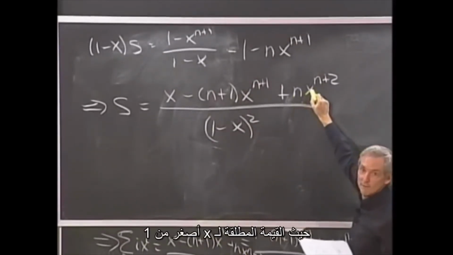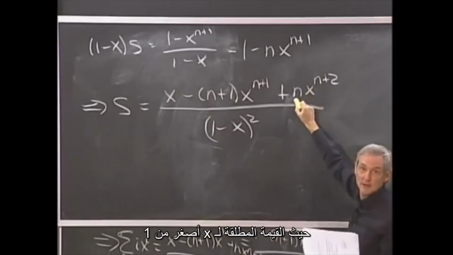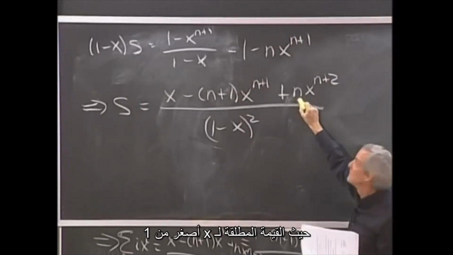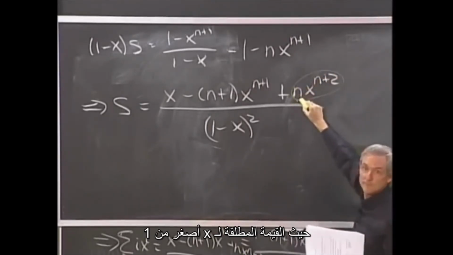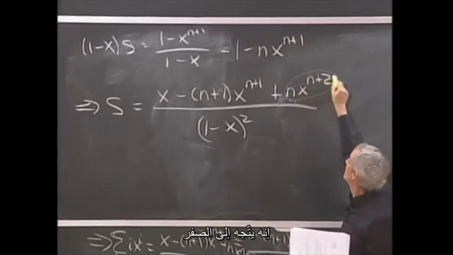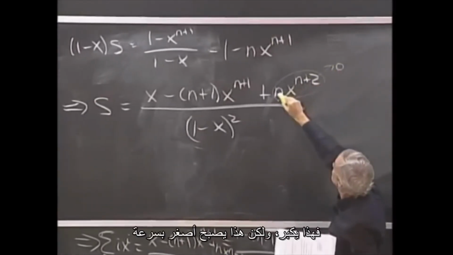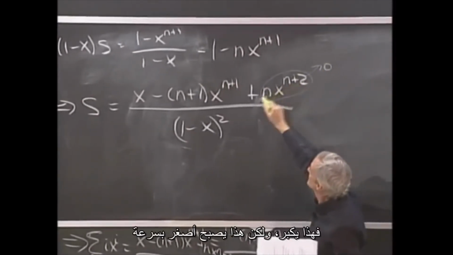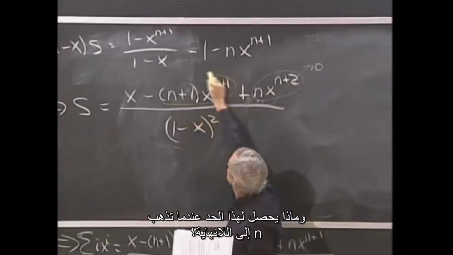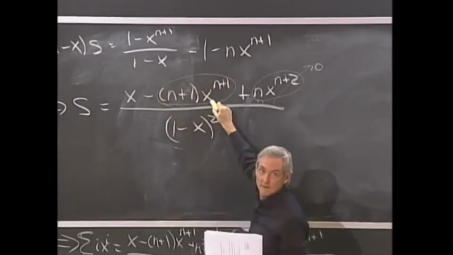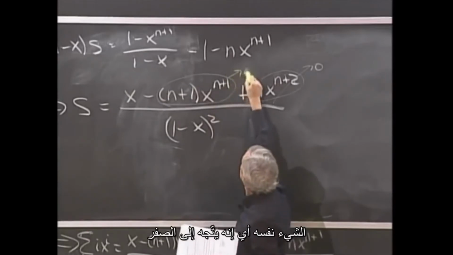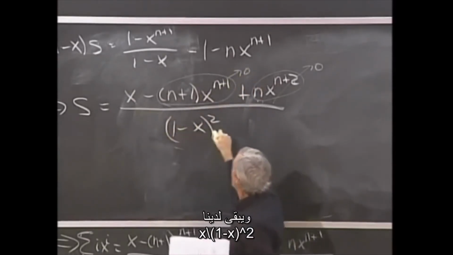X is less than 1 in absolute value. What happens to this term as n goes to infinity? It goes to 0. This gets big, but this gets smaller faster. What happens to this term as n goes to infinity? Same thing, 0. All I'm left with is x over (1 minus x) squared.